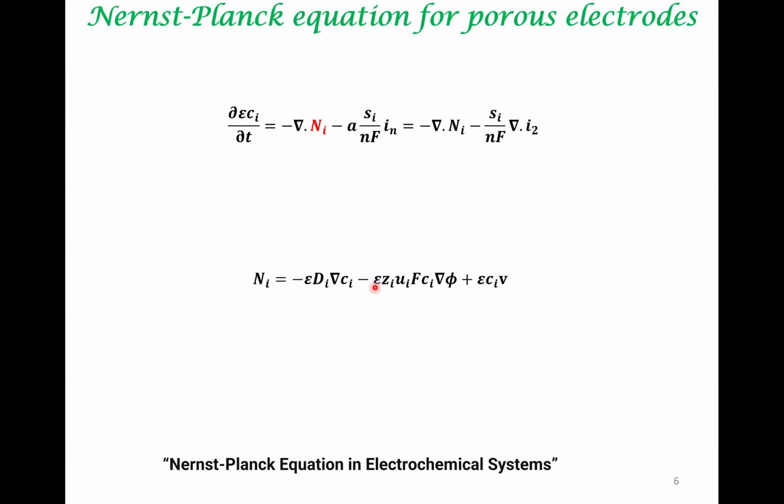Notice that this epsilon comes in all three terms: the term associated with diffusion, the term associated with migration, and the term associated with convection. Note this v, the velocity term, is the molar average velocity in the pores. In many cases net velocity might not be present, but in some cases it will be. We'll look into that in some forthcoming lectures.